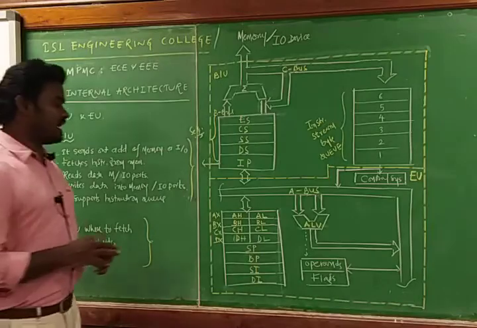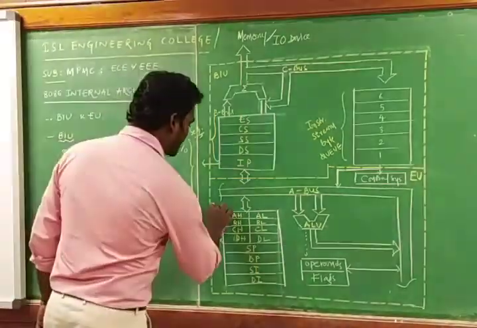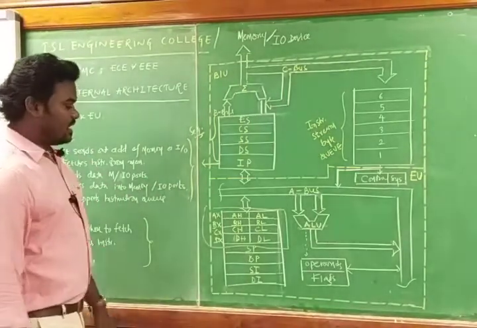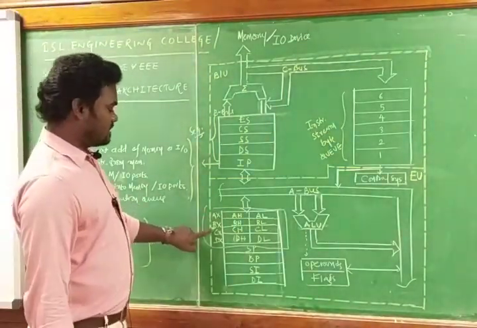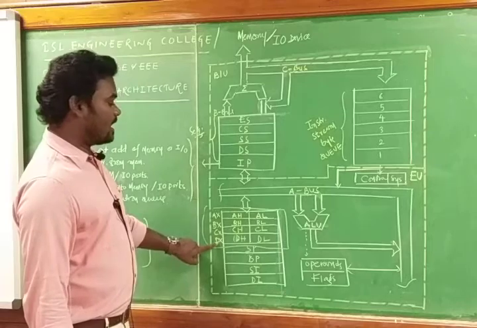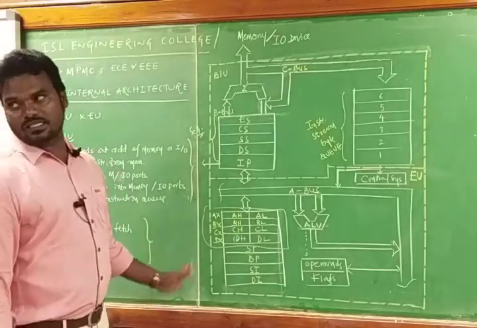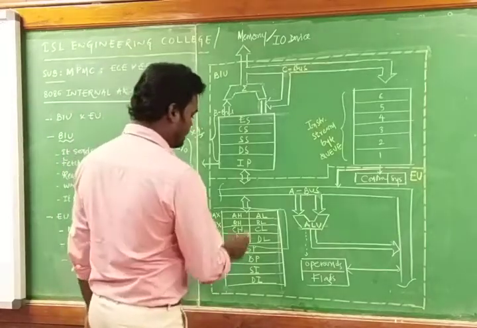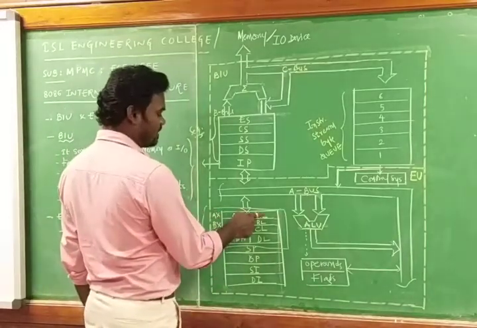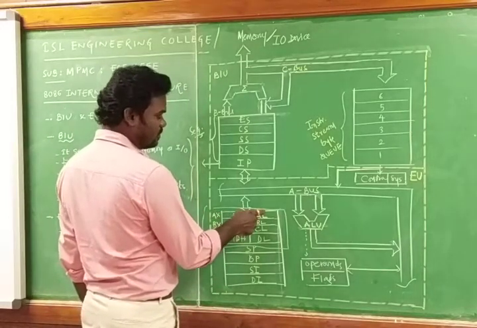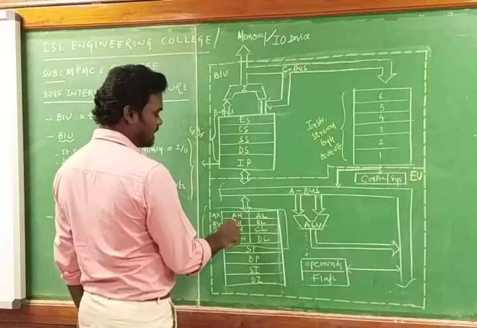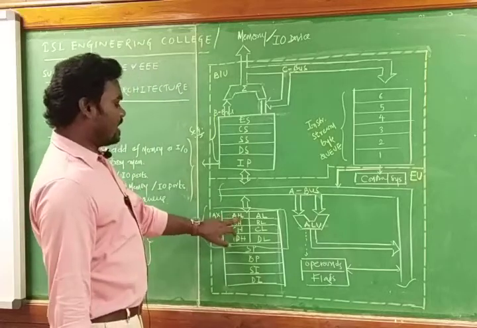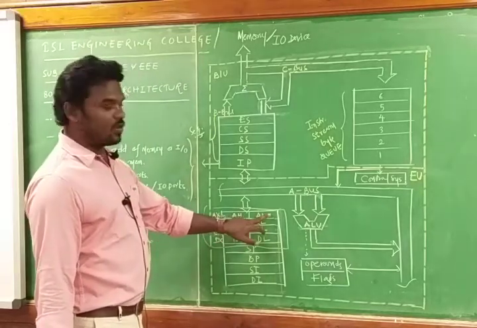First is the general purpose registers: accumulator register, base register, count register and data register. Each is 16 bits wide, so it is divided into two 1-byte registers, AH and AL. AH is the accumulator higher byte register, and AL is the accumulator lower byte register.